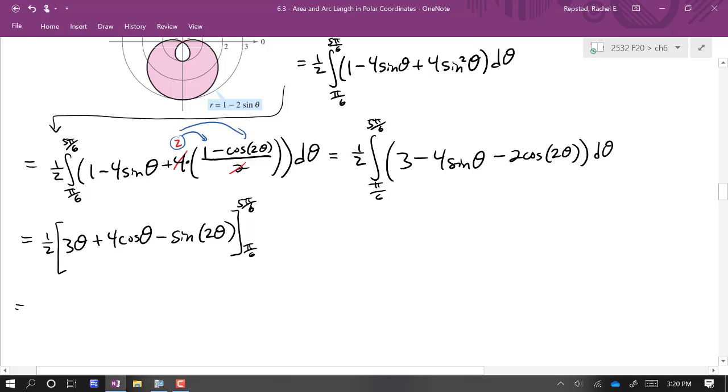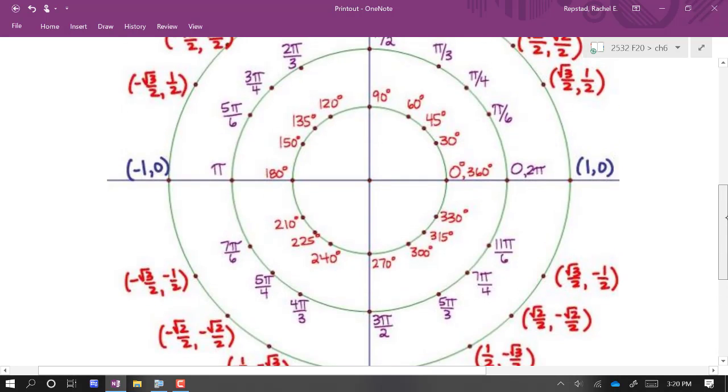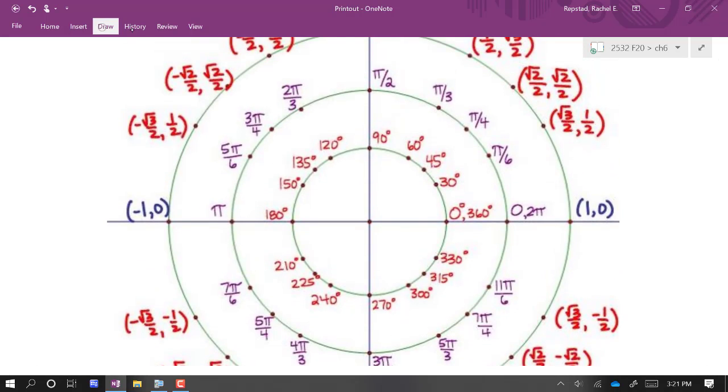And now we just need to plug in our limits. So if we plug in 5 pi over 6, 3 times 5 pi over 6 is 5 pi over 2, plus now 4 times cosine of 5 pi over 6. Cosine of 5 pi over 6, so here's 5 pi over 6. Cosine is negative root 3 over 2.